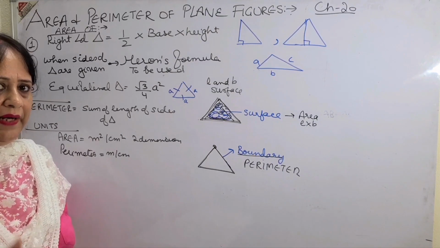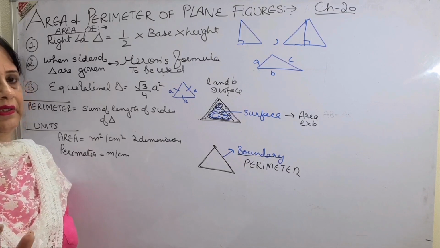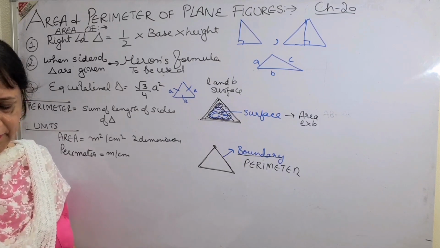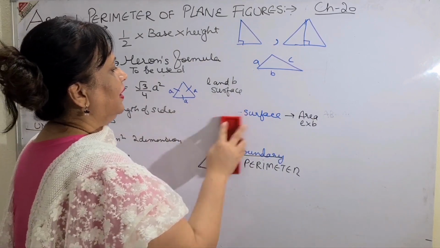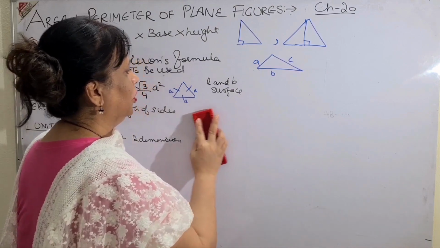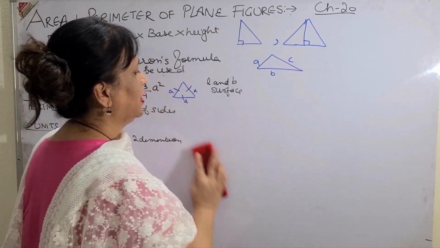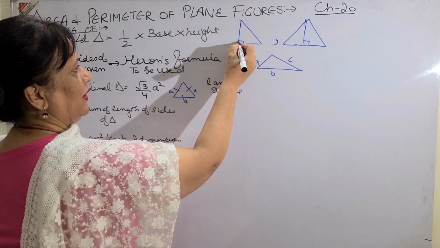But my first topic today is triangles. So you know what triangles are. Triangles are three-sided figures. A three-sided figure means a surface enclosed by three sides. As I have done, I have made so many triangles.